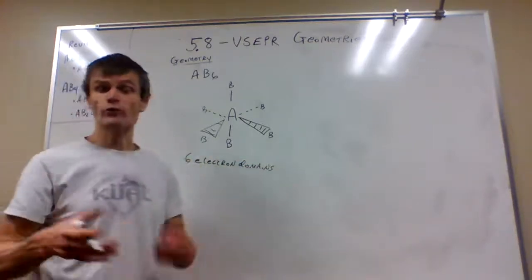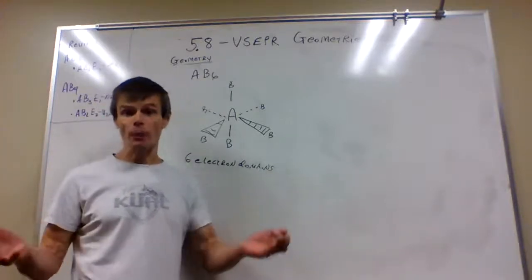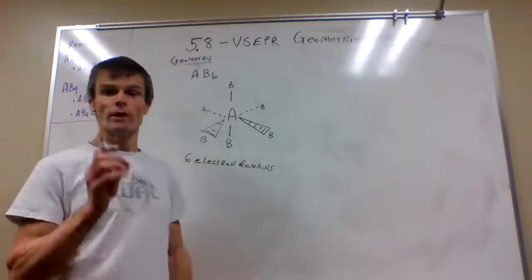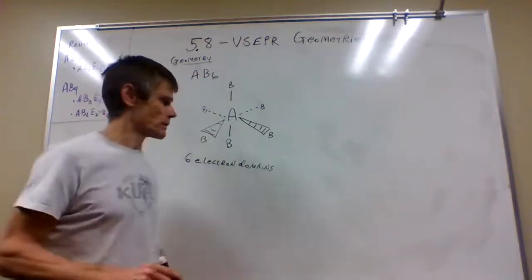All bond angles are 90. Everywhere is equivalent. These are all equivalent spots on this particular molecule. So we don't have to be careful of where we put a lone pair, and that's important.